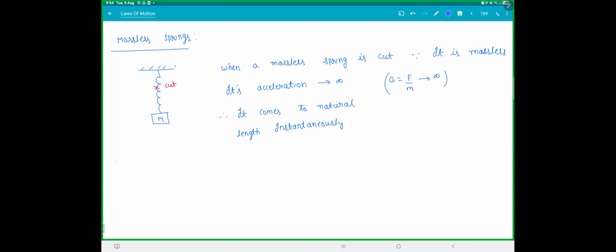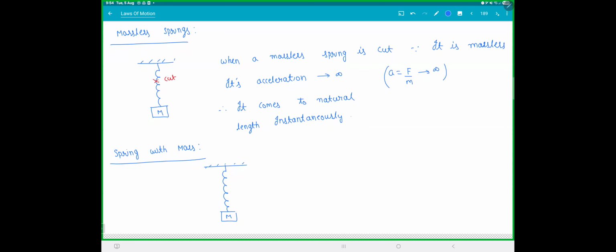What if you have a spring with mass? This we don't have in the portion, but just to have an idea. If you have a spring with mass, now there is an issue. Look at the picture here. So we have a block M here.